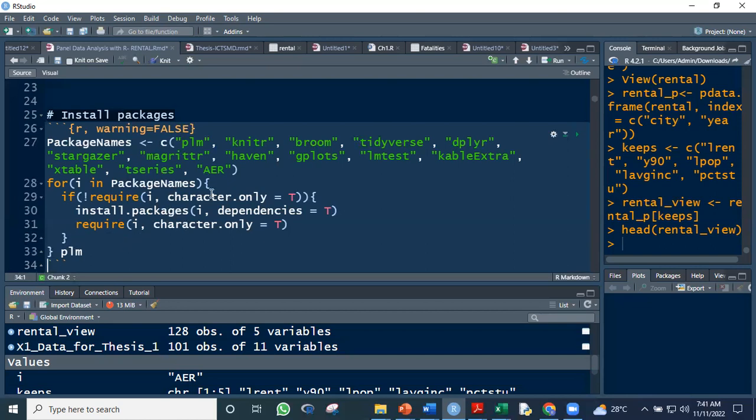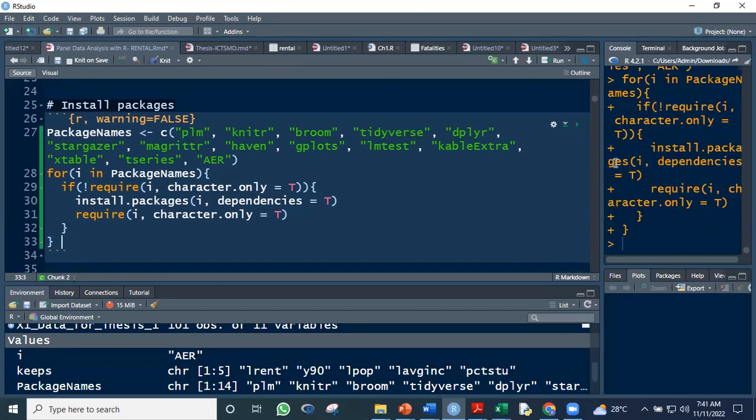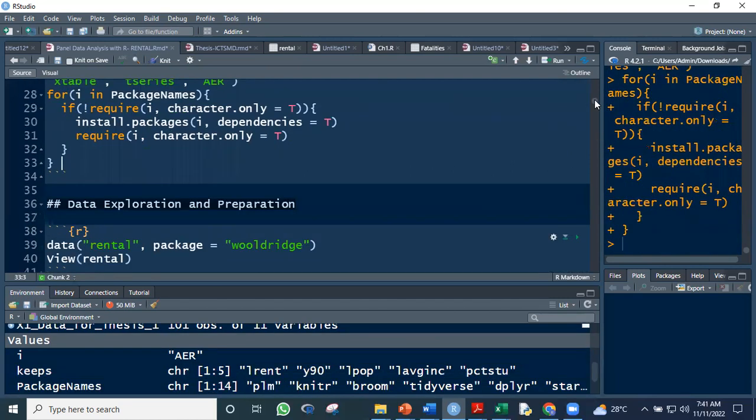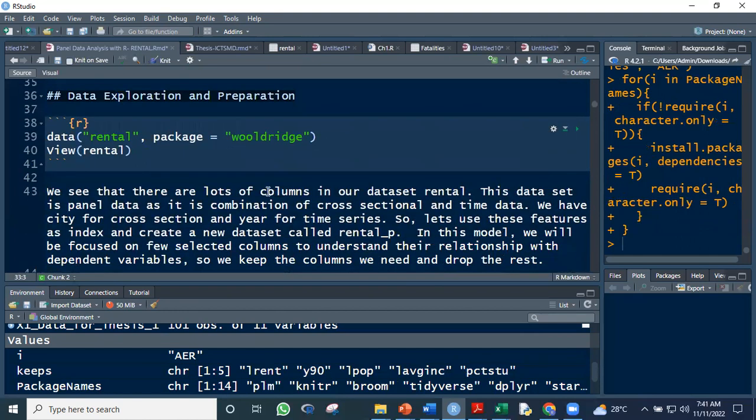Otherwise, you have to install it first and then require it. Why is there PLM here? So, right, I'll run this just to require the packages. Okay, so the packages are already uploaded.